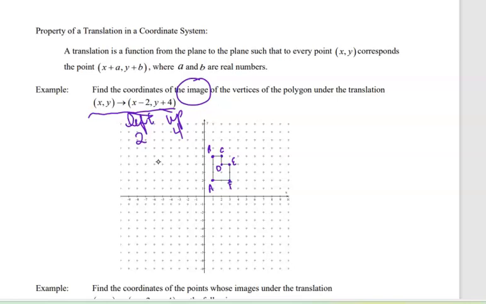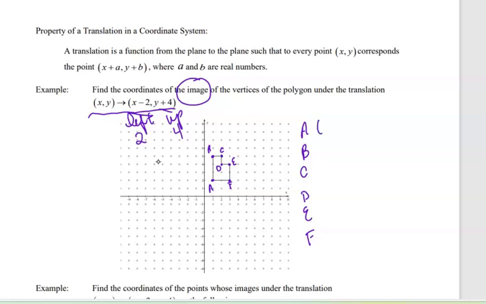We're going to take those vertices and shift all of them to the left 2 and up 4. But before we do that, I want to write down the coordinates of these points. And that'll also help us with our coordinates.